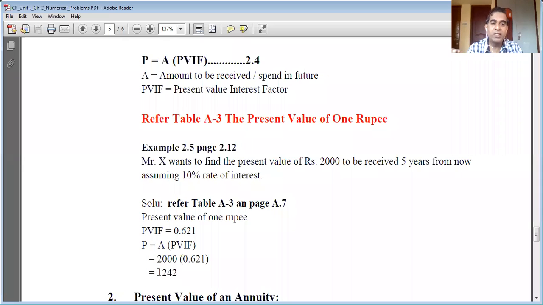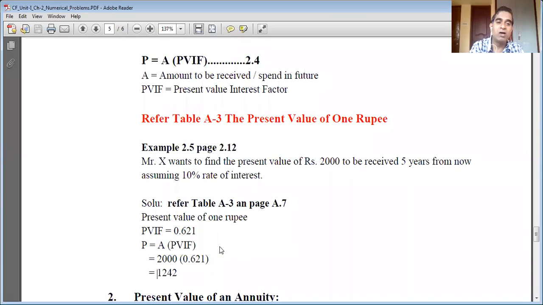If somebody tells Mr. X, you lend me 1500 rupees today, and I will give you 2000 rupees after 5 years, then as Sakshi and Keshav say, Mr. X should not accept the offer. Why?